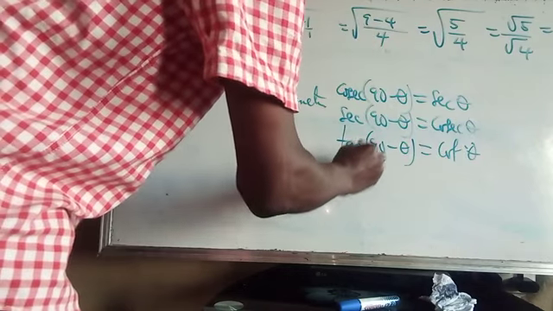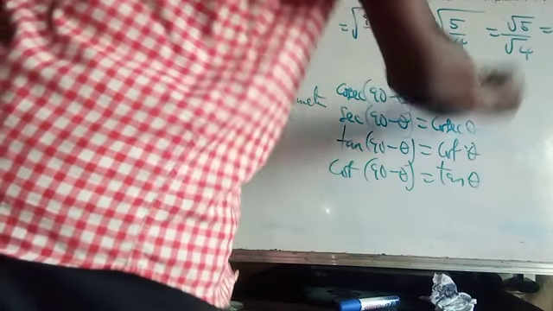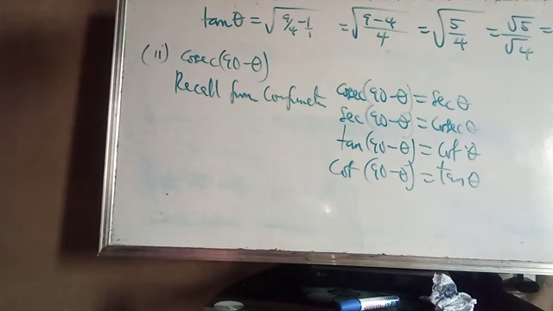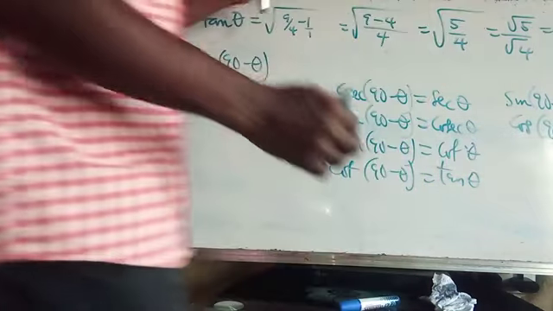Cot 90 degrees minus theta is equal to tan theta, and so on and so forth. I hope you know the other one for sine. Sine 90 minus theta is cos theta. Cos 90 minus theta is sine theta. So you can memorize that.